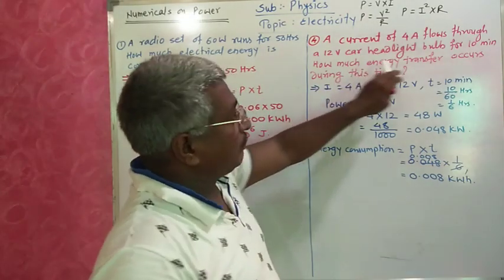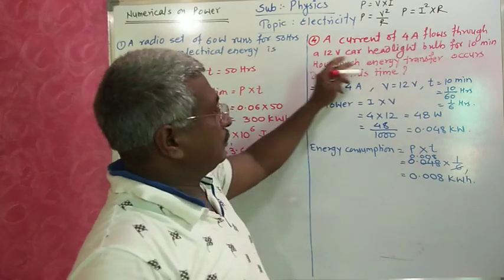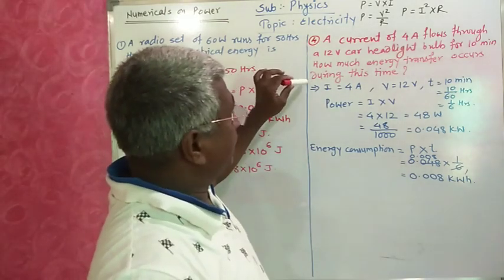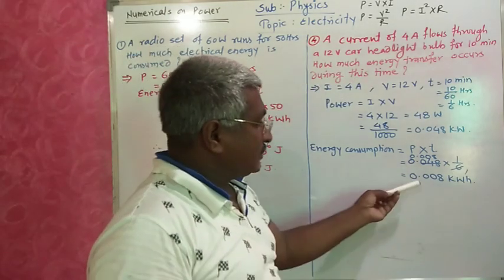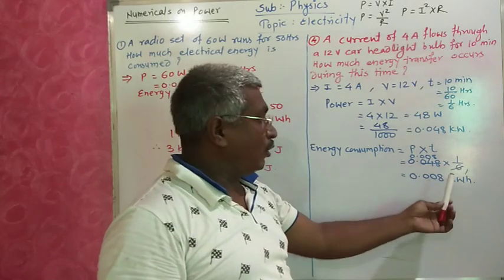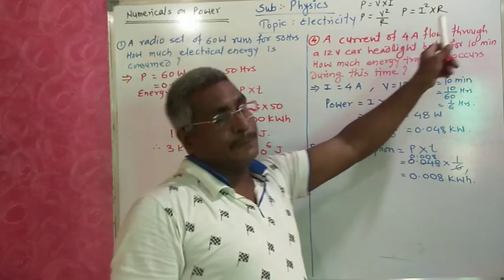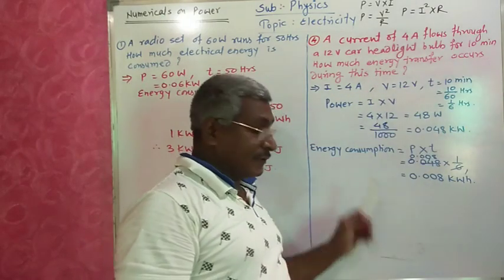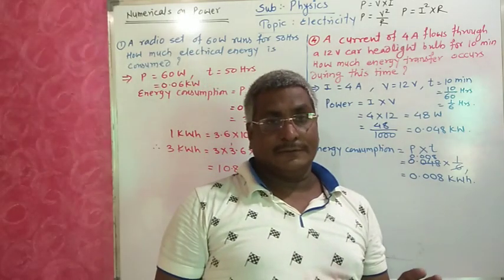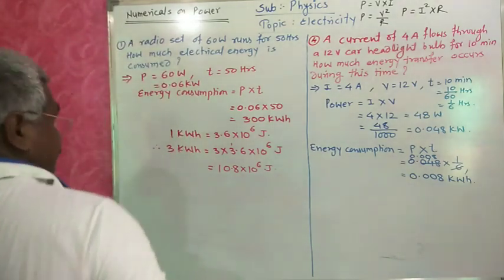Whatever question they ask, how much energy transfer occurs during this time? During this time, 0.008 kilowatt hour energy transfer occurs. In this way, the answer at the end is necessary. Clear, students? So now we will go to the next question.